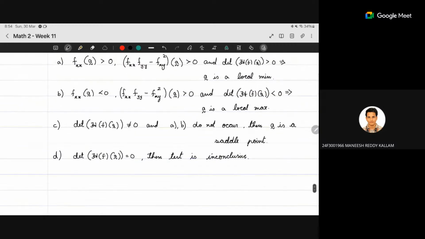So let's see what these quantities are, and then we can formulate this. What is the difference between fxx fyy minus fxy whole square at a tilde being greater than 0 and the determinant of the Hessian of f at a being greater than 0?